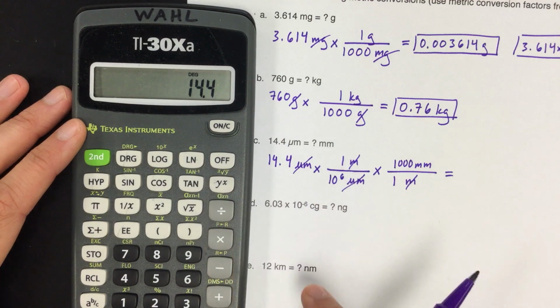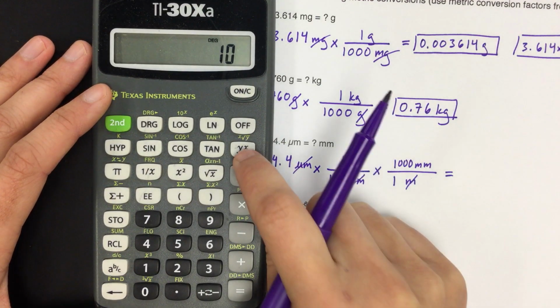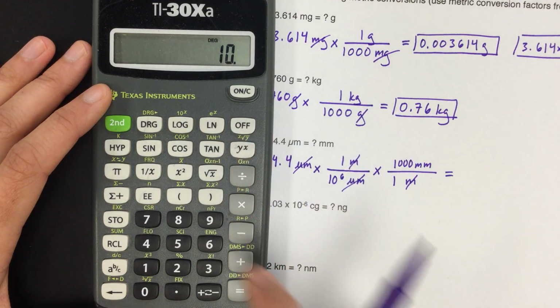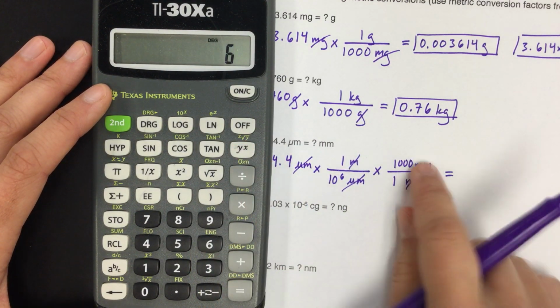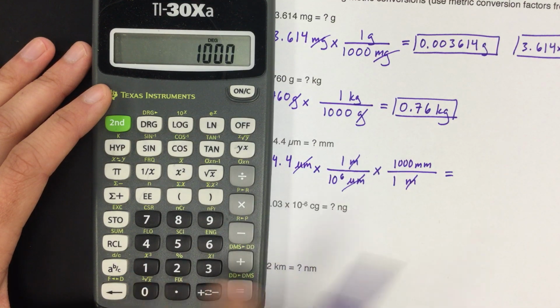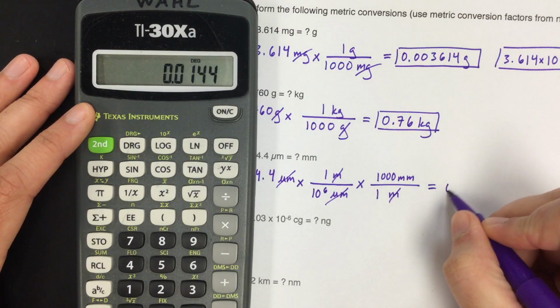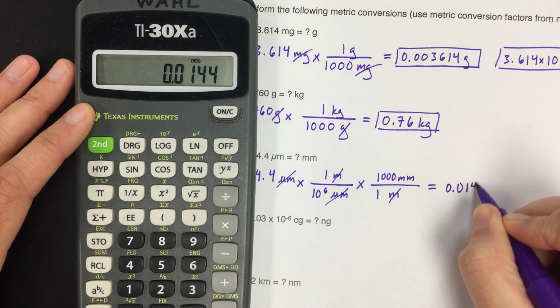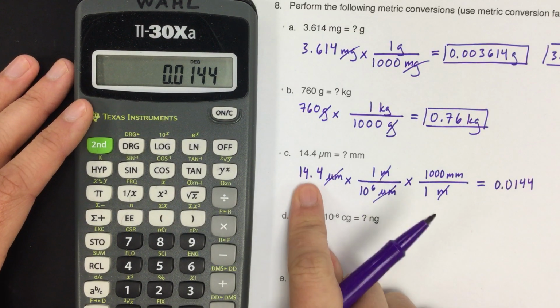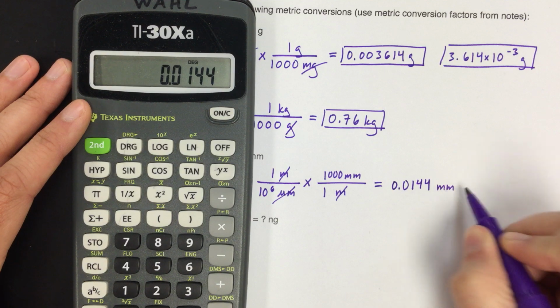So you'll do divided by, and this is one way you can do it, 10 exponent button to the power of 6, and then times 1,000, because that's in the top. We want to do this all in one calculation. It equals 0.0144, which has 3 sig figs, which is how many this number had, so that's good. And that's millimeters.